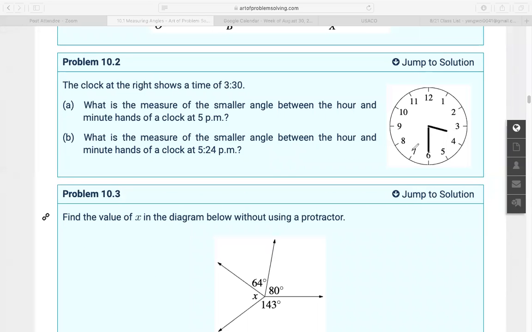Yeah, Christina, you also got it correct. Who else? So for 5 o'clock, see this one is 3:30. Okay, Julia also got it correct. Okay, who else?